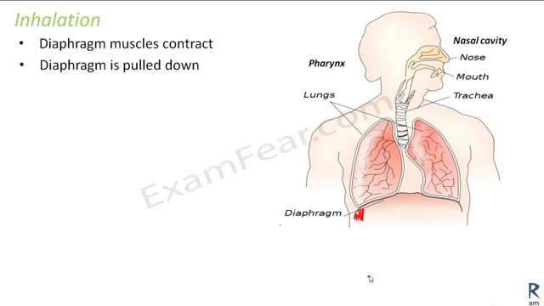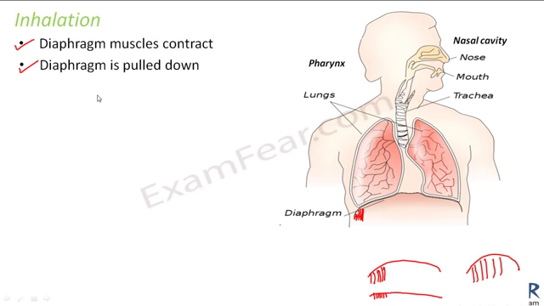You imagine the situation like this. Let us suppose this is the diaphragm and these are the diaphragm muscles. Now if these muscles contract, it would be something like this. The muscles will become shorter and as a result it will pull the diaphragm down. Now if the muscles expand, they will become longer and as a result the diaphragm will be pulled more up. So when the diaphragm muscles contract, the diaphragm is pulled down.